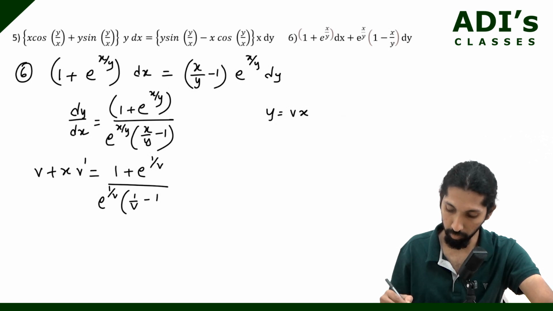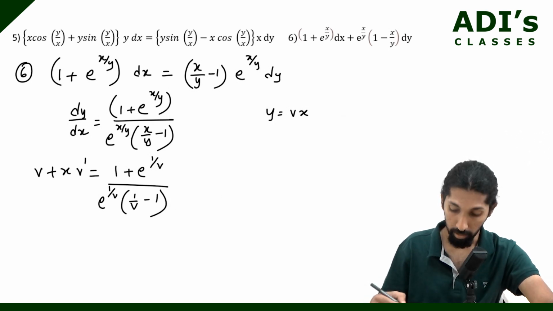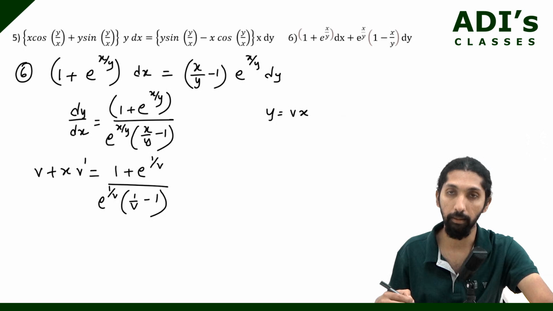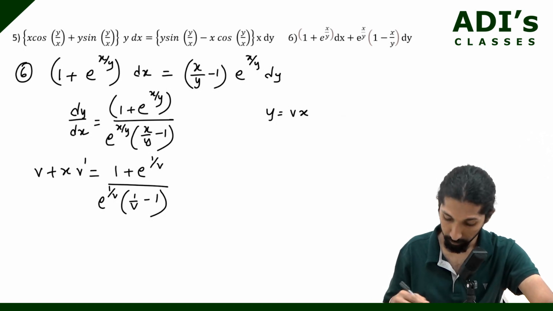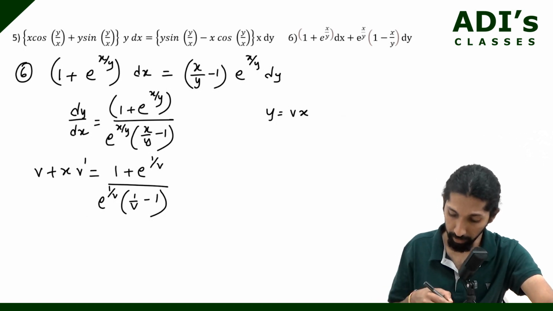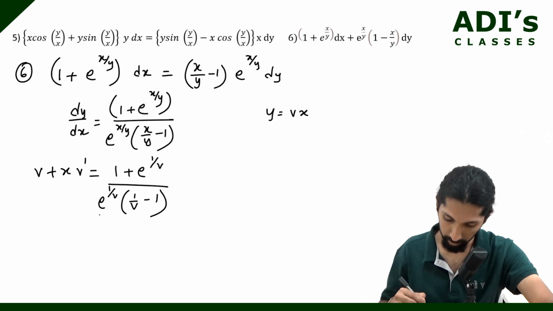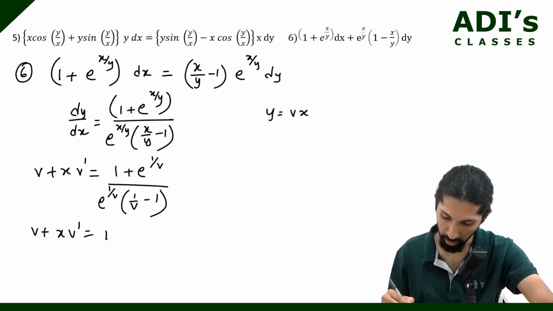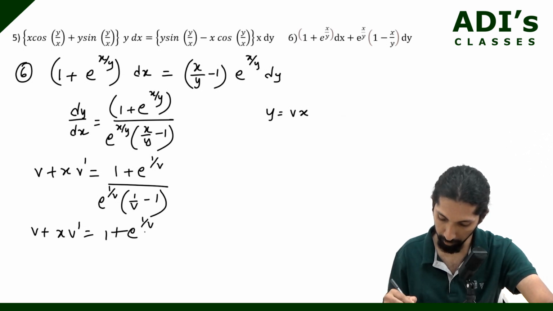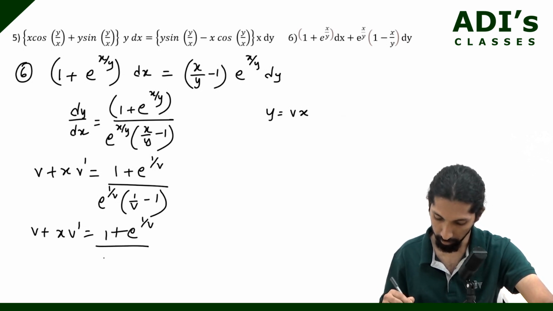See, we have to do all these things. Fine. Now, you can multiply and then you can do it. That is v plus x into v dash equals 1 plus e power 1 by v by e power 1 by v divided by v minus e power 1 by v.